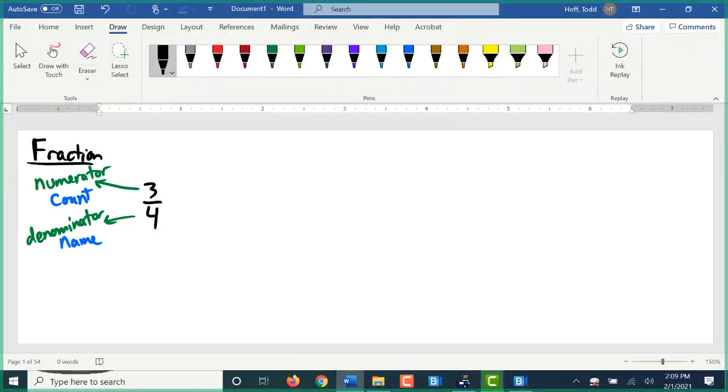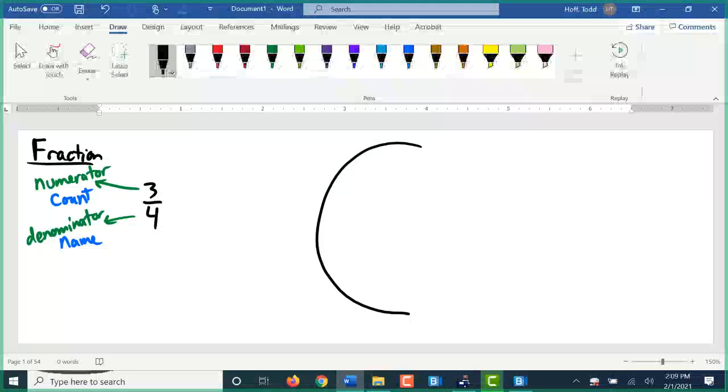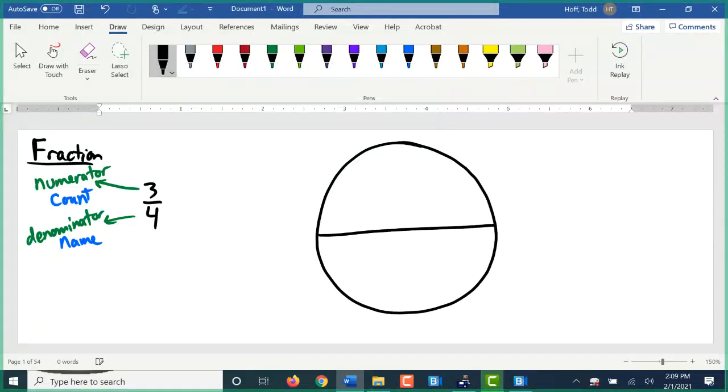So to understand that fraction, our first step is to talk about what it means to have a name of fourths. It means if we have a circle, going back to the old elementary school illustration, which I still think is the easiest way to illustrate it, of a pie or a pizza or whatever, that fourth means that whole pizza is cut into 4 equal pieces.